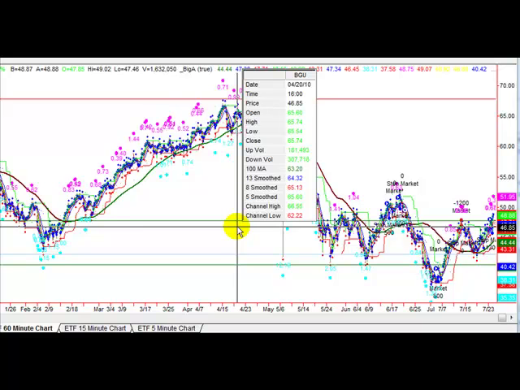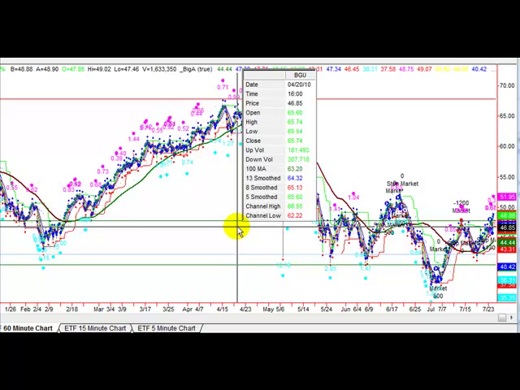That's good right there. So you can see the distance between the buy and our stop is really small compared to the gain, the opportunity that we have to gain over there at 67.78. So that is our target, 67.78.